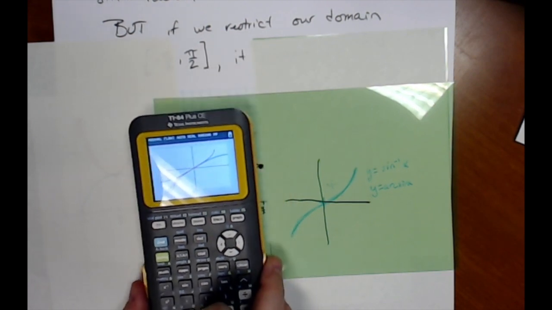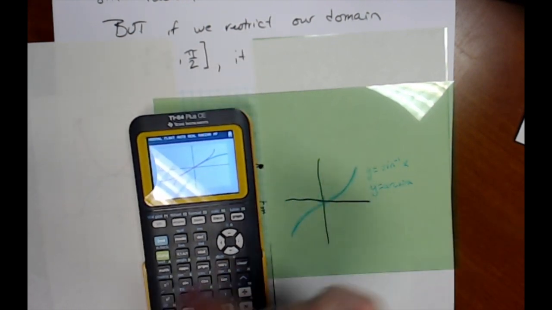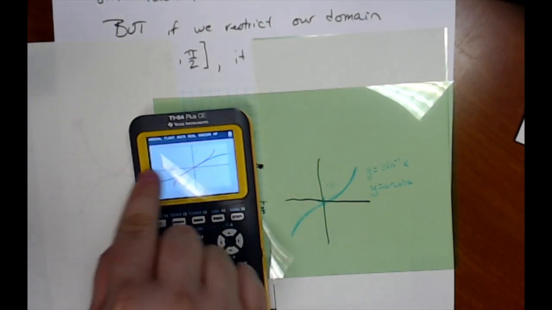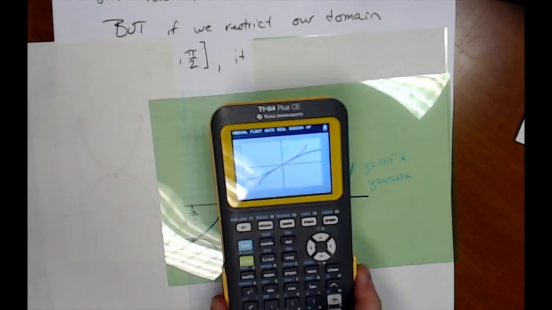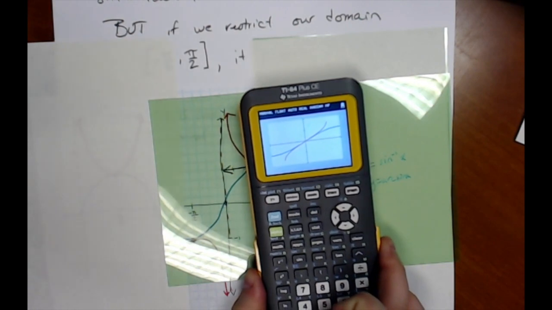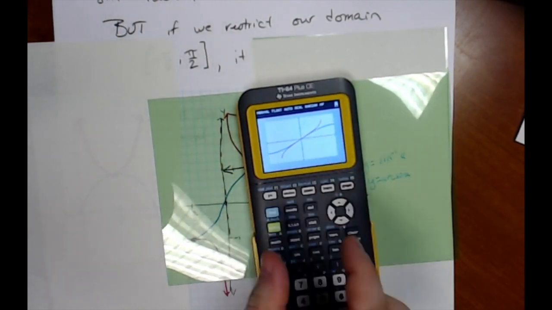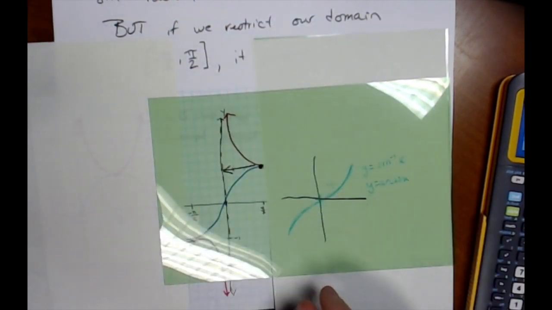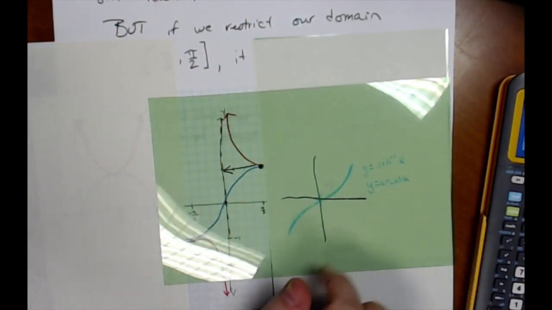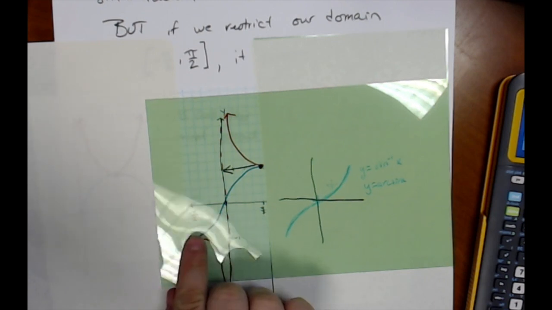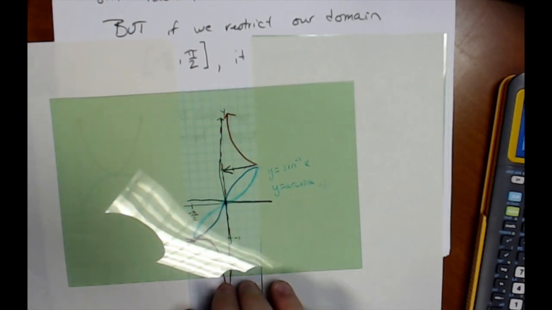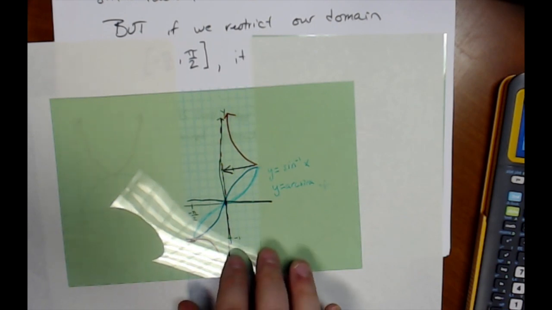Notice that looks exactly like our graph did here. Your graphing calculator will impose this limitation, because we can't say that the inverse exists unless we have this passing of the horizontal line test. And so here we have our graph of sine, our graph of arc sine, and they're symmetric about the line y equals x. All right.